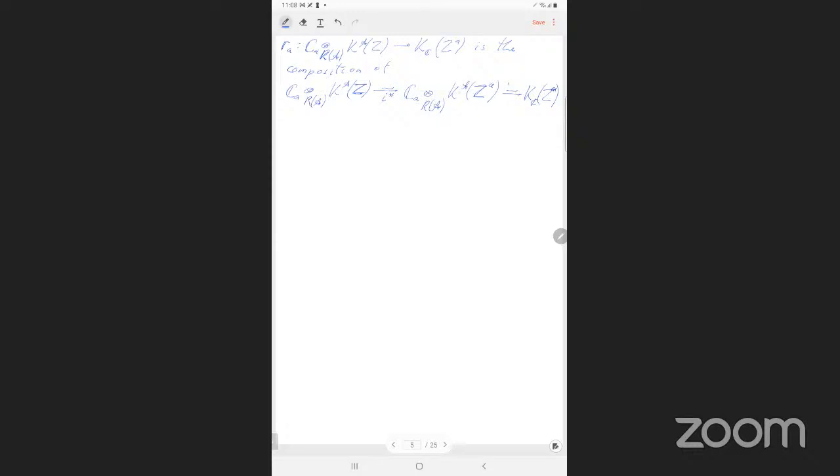And finally, there is one more arrow, and this is tensor with some Euler class inverse. So again, I will explain what I mean by this, and it goes to the same place, but it is an isomorphism, and this is some correction factor.